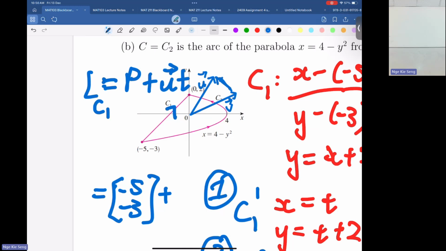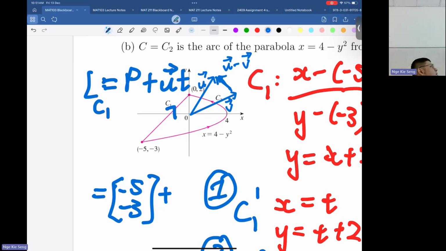How to get this resultant vector here? V minus u. You can take u minus v. How to see this?